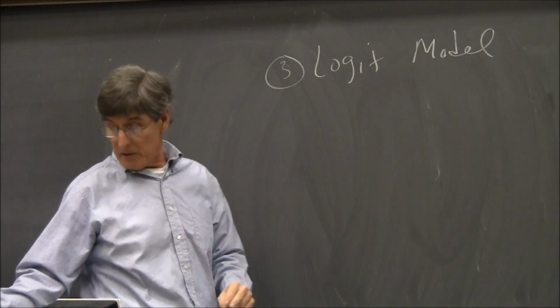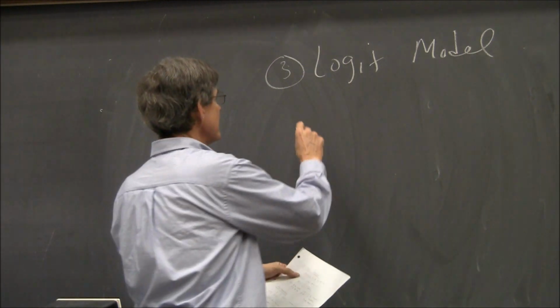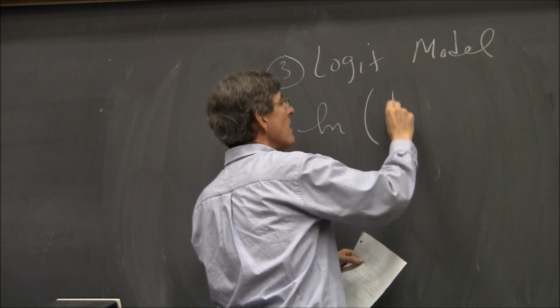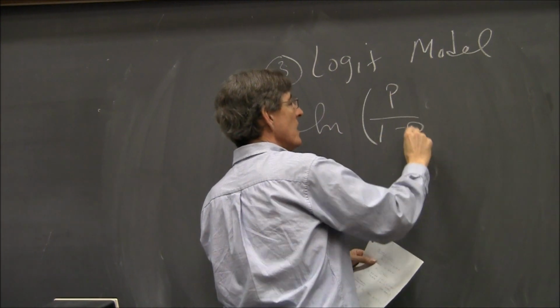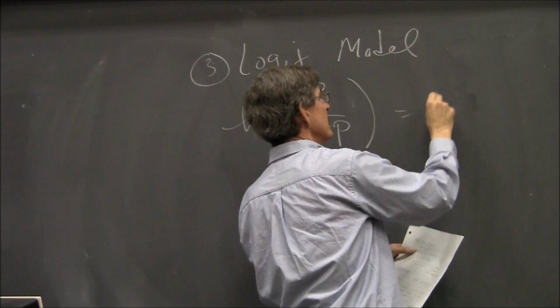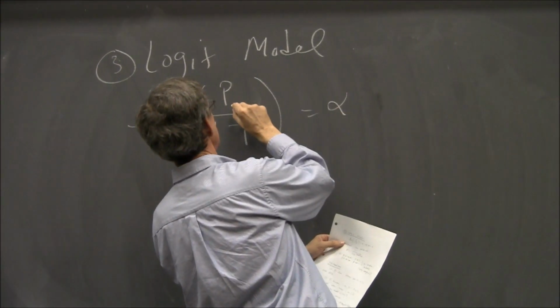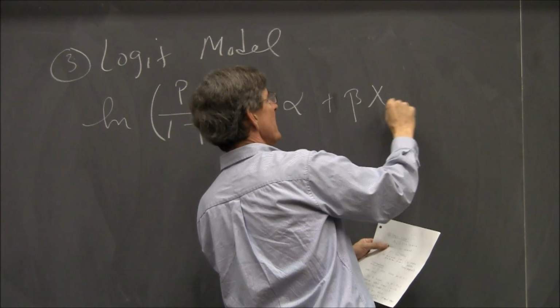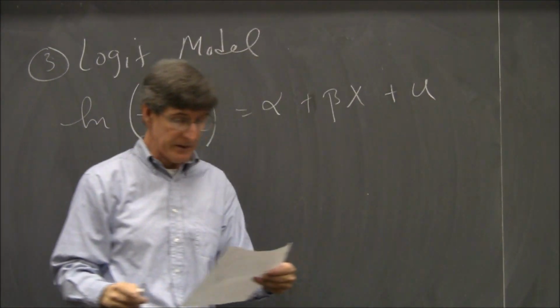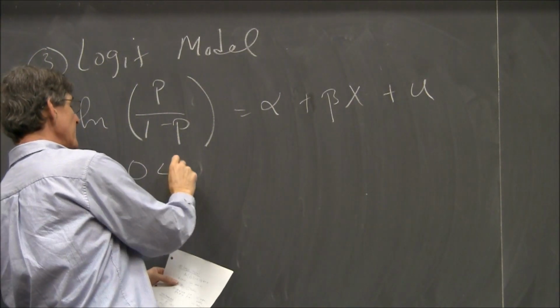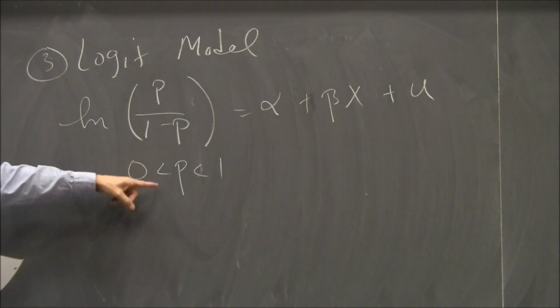Okay, so the Logit model looks like this. It's the log of the probability over 1 minus the probability, equals alpha plus beta x. These are p_i's, but I'll just leave the i's out. So these are probabilities, so this is between 0 and 1.